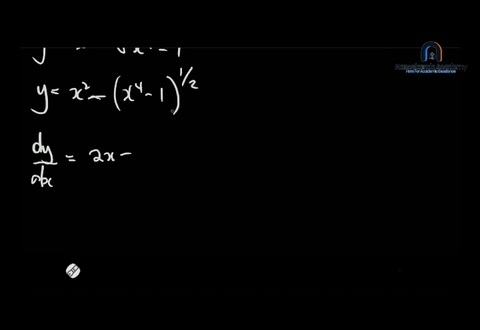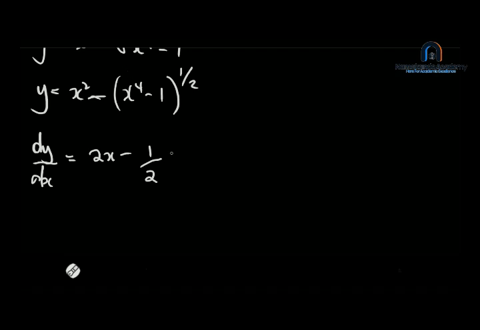As you can see, this is a function contained in another function, so we use the chain rule. Now for the chain rule, what we'll do is this half here will come this side, then we'll multiply what is inside, which is x to the power 4. Sorry, the 4 will drop this side.